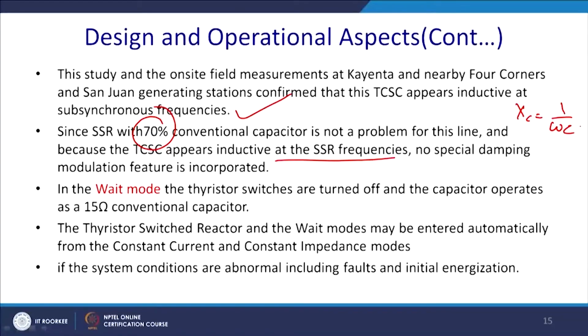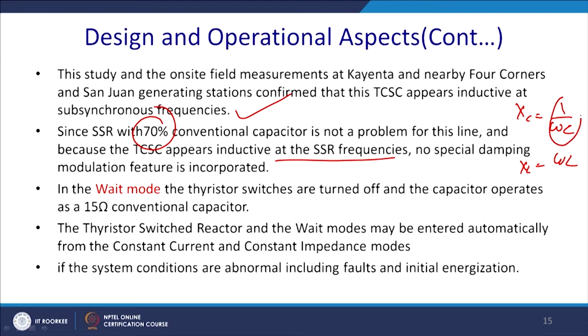Please understand that in any circuit, the capacitive impedance is XC equal to 1 by omega C and XL is equal to omega L. So, what happens if frequency is reduced?